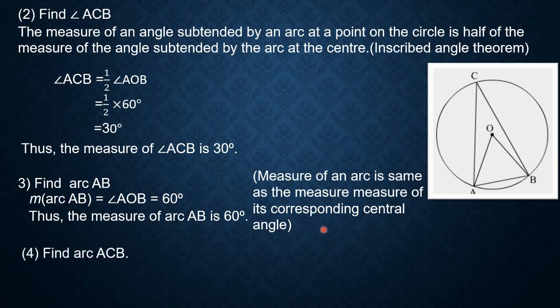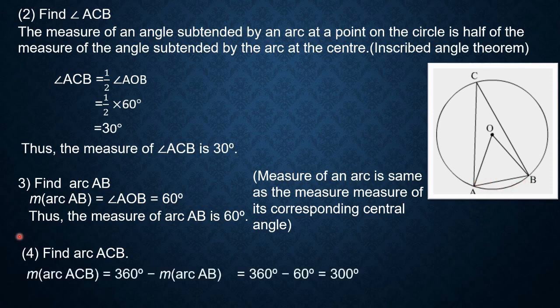The fourth part of the question is finding the measure of arc ACB. If you look at the figure, we have to find the measure of arc ACB, and note one thing, arc ACB is the major arc in the circle and AB is the minor arc of the circle.